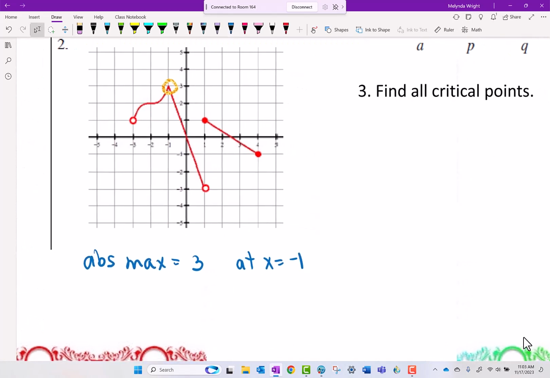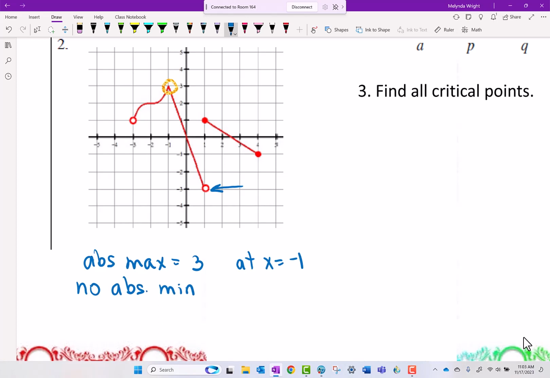Okay, that's good. Do we have an absolute minimum? This looks to be the lowest part of the graph, but it's a hole. There's a hole there, so I can never get to it. So unfortunately, this one has no absolute min.